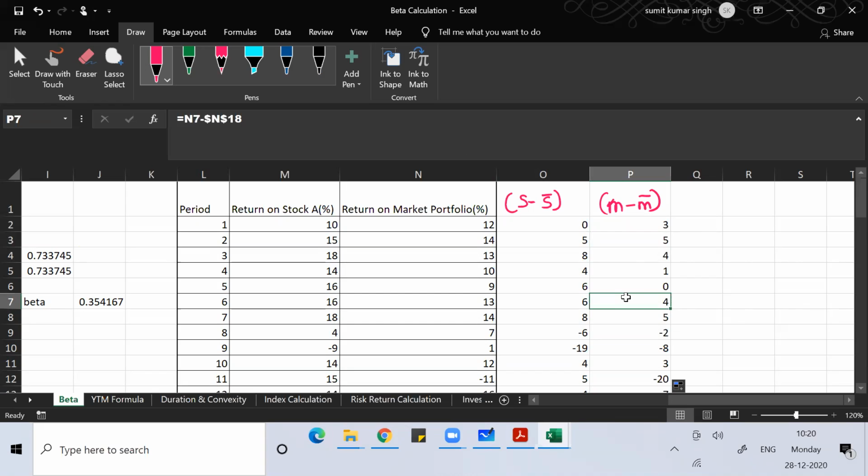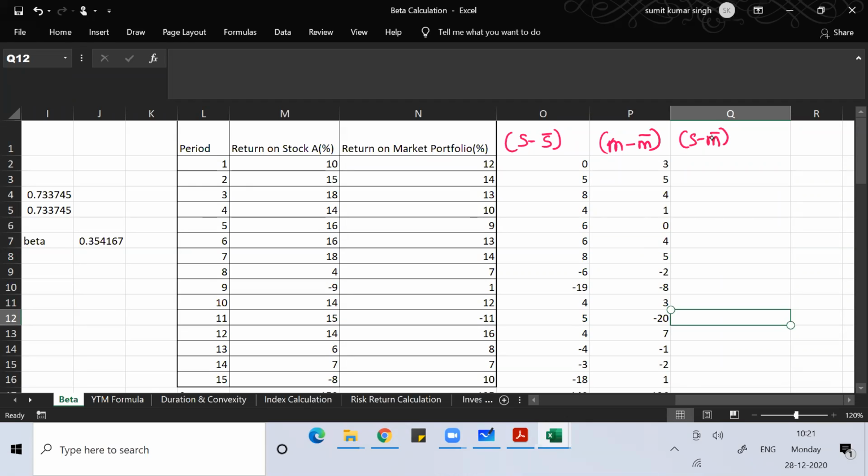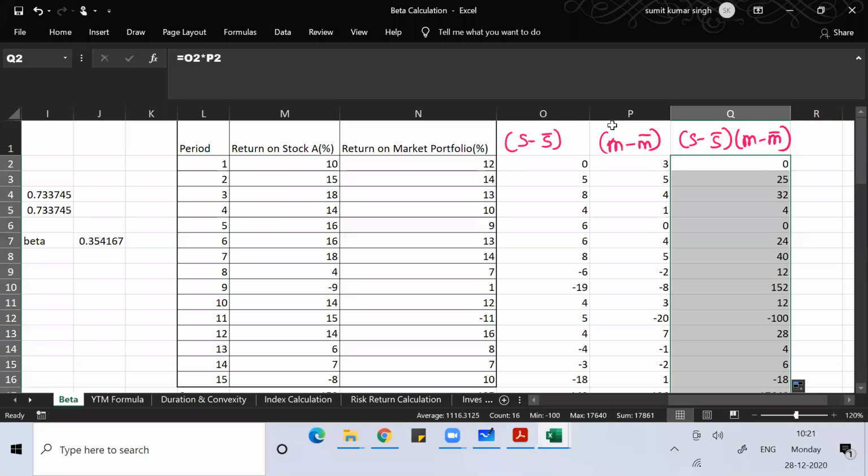Do this. Now I'm doing S minus S bar into M minus M bar.